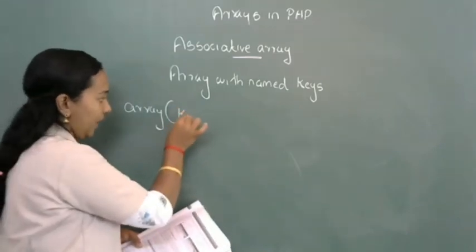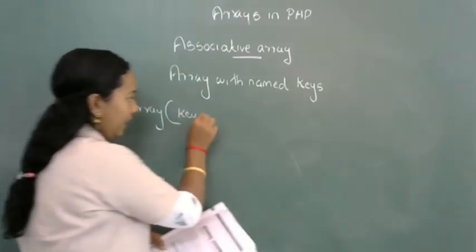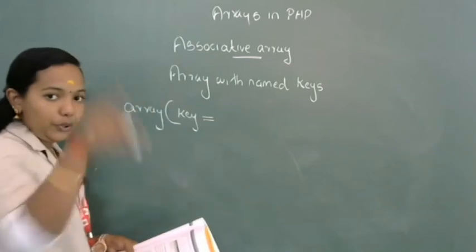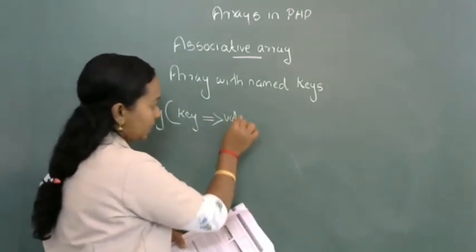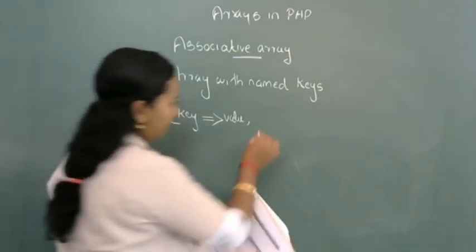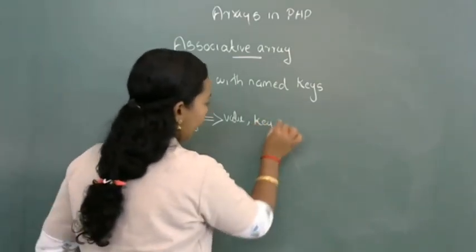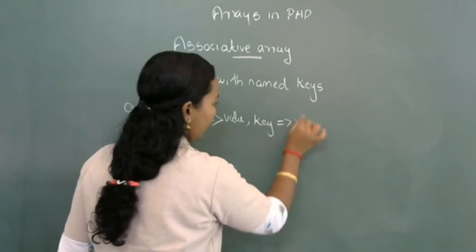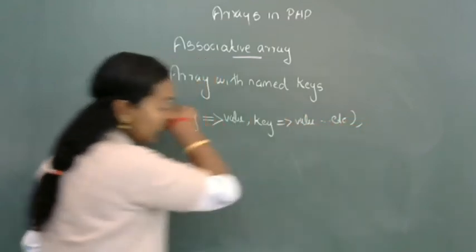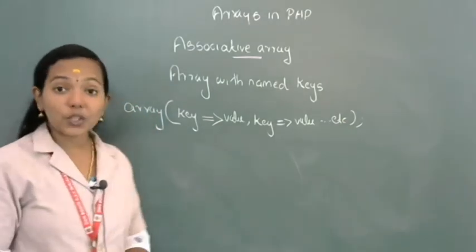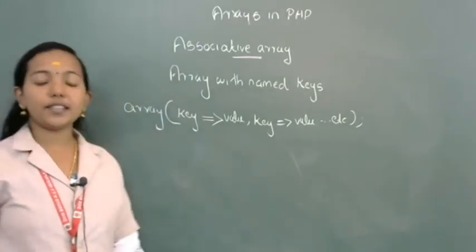First key, then arrow mark equal to and greater than symbol, key value. Then second key => value, etc. This is the syntax for associative array.